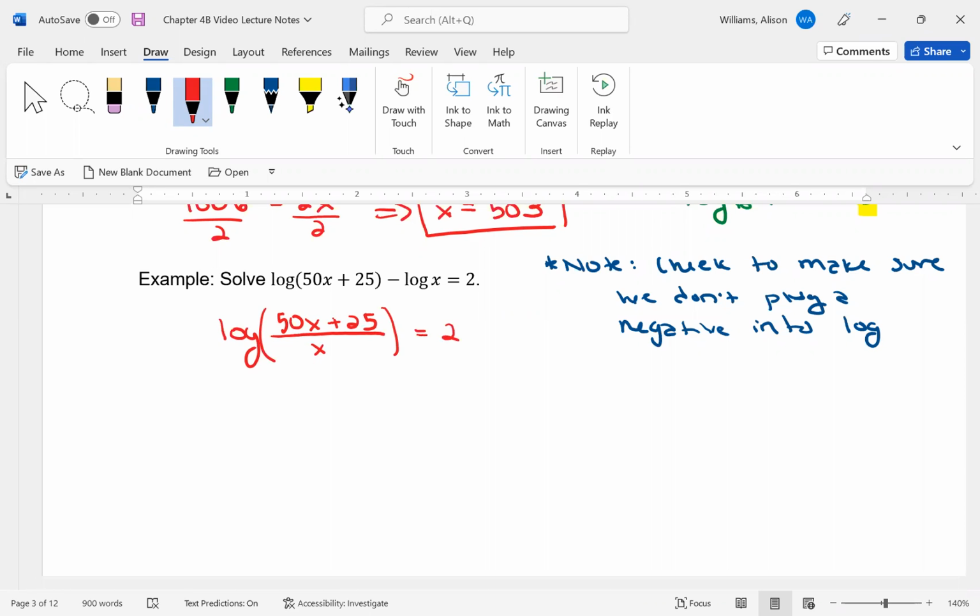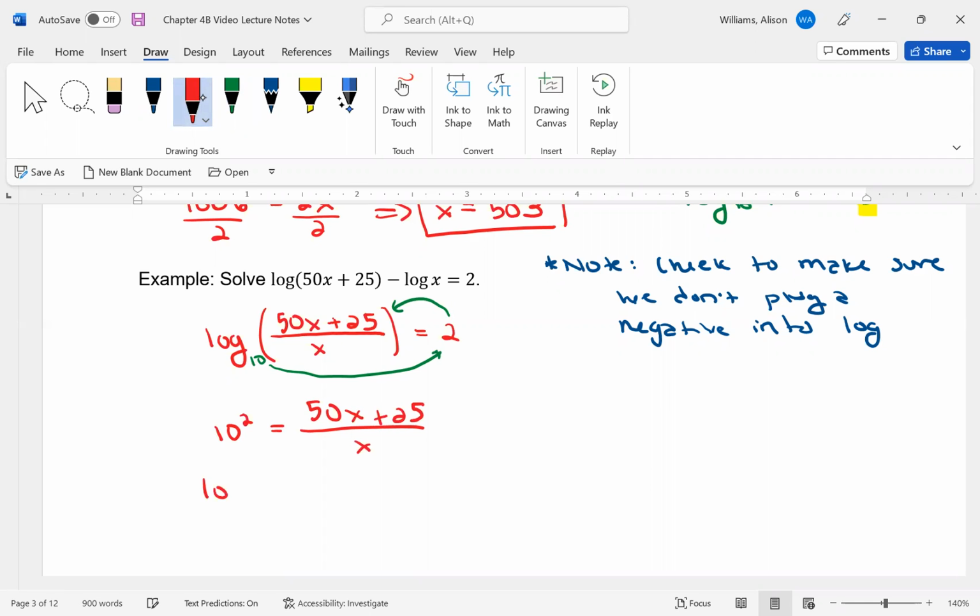What's nice about what I have here is I can use my changing the logarithm into exponential form like I did on the last problem. So again, this is log base 10. So this is going to be 10 to the 2 raised to all of this, and that's going to equal 50x plus 25 over x.